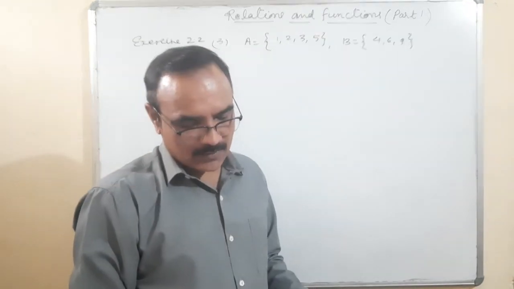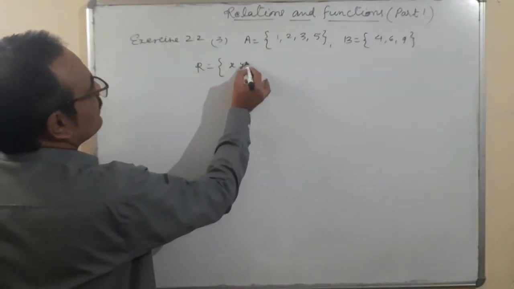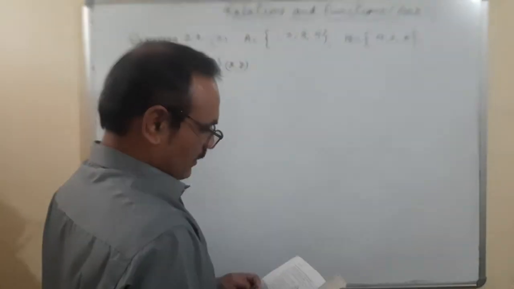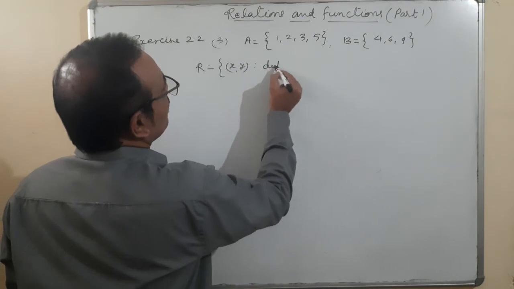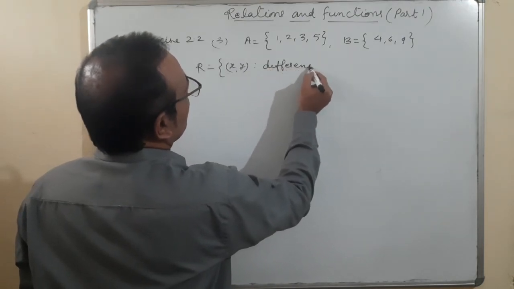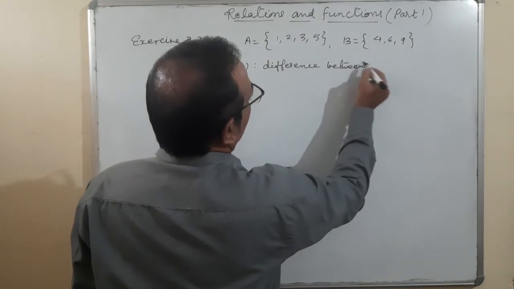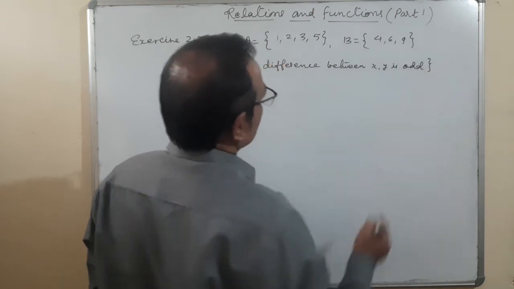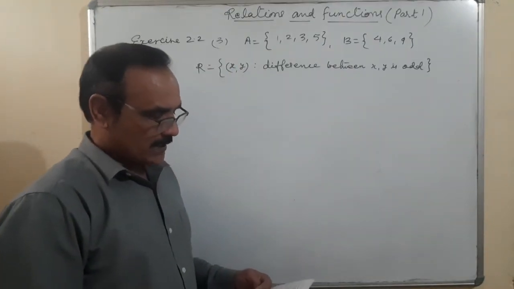Define a relation R from A to B by R equal to {(x, y) such that the difference between x and y is odd}. This is one important thing: the difference between x and y is odd. Write R in roster form.